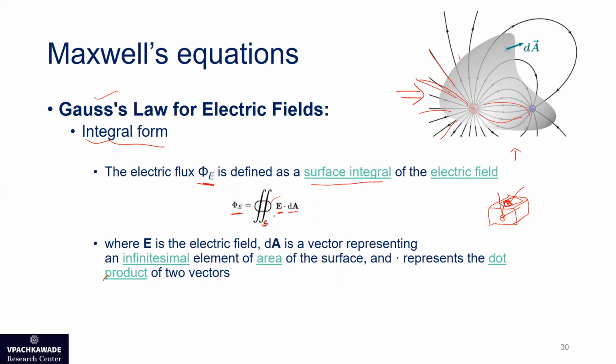So that's the dot product. E is the electric field and dA is a vector representing the small area of this volume out of which the electric field lines are coming, and the dot represents the dot product of these two vectors. The electric field is a vector, dA is a vector, take a dot product. So this is the very first equation of Maxwell's, Gauss's law in the integral form.